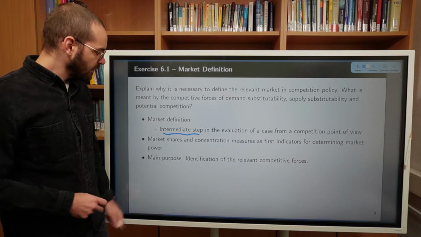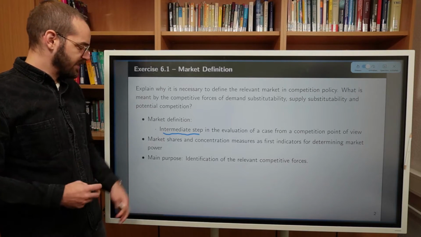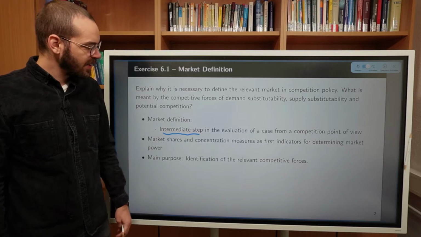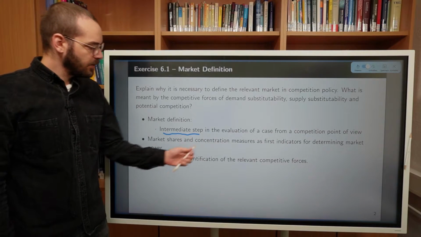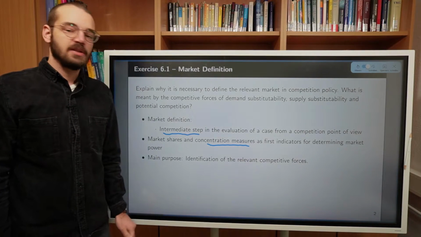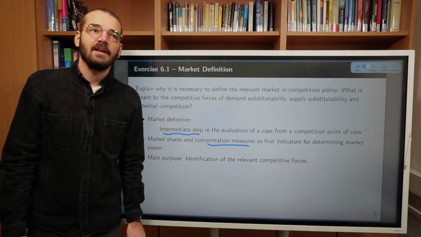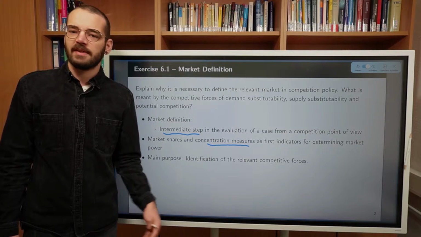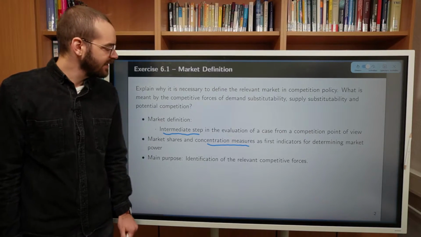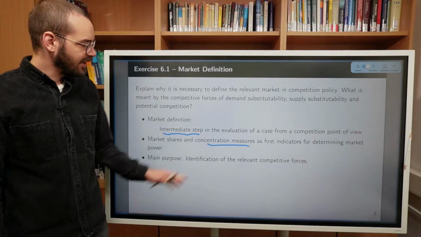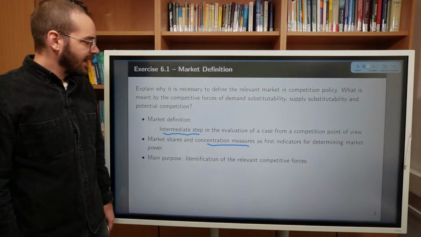This can be addressed by, for example, talking about market shares and concentration measures. One of these concentration measures we of course already talked about, I believe in assignment number 4, the HHI, the Herfindahl-Hirschman Index, HHI for short.